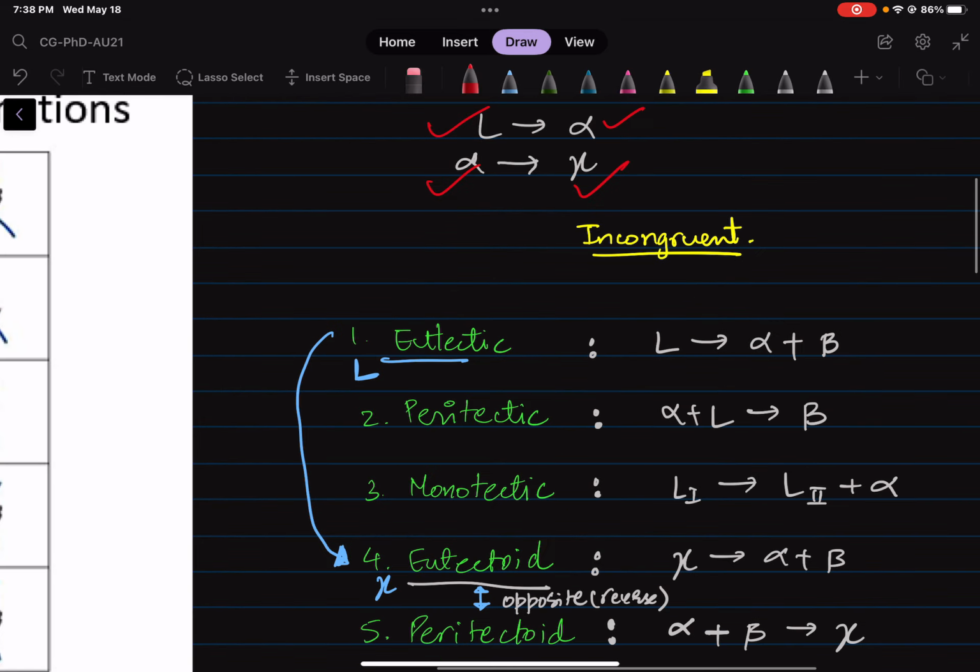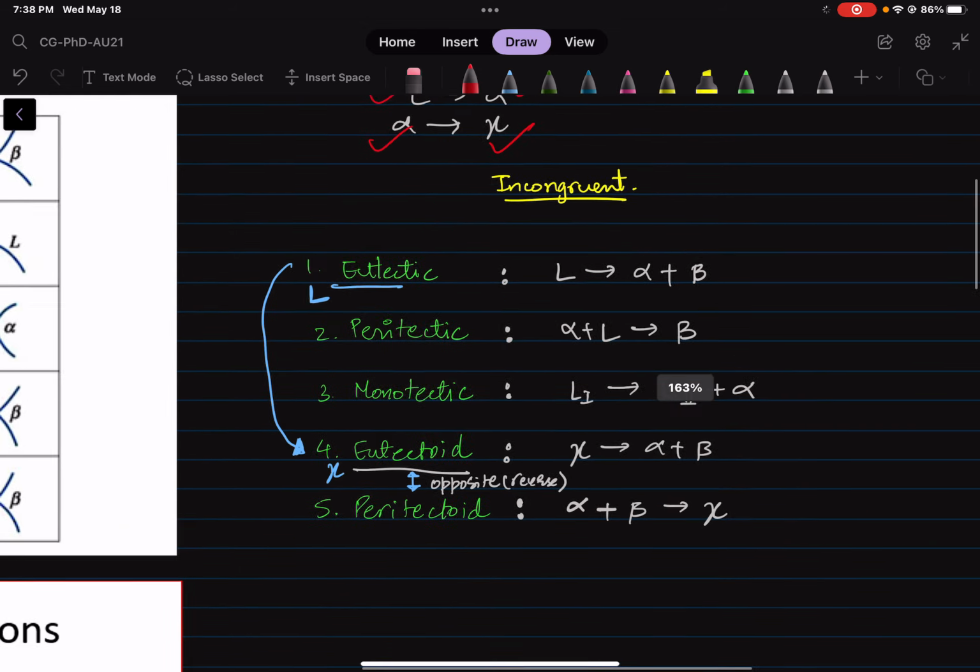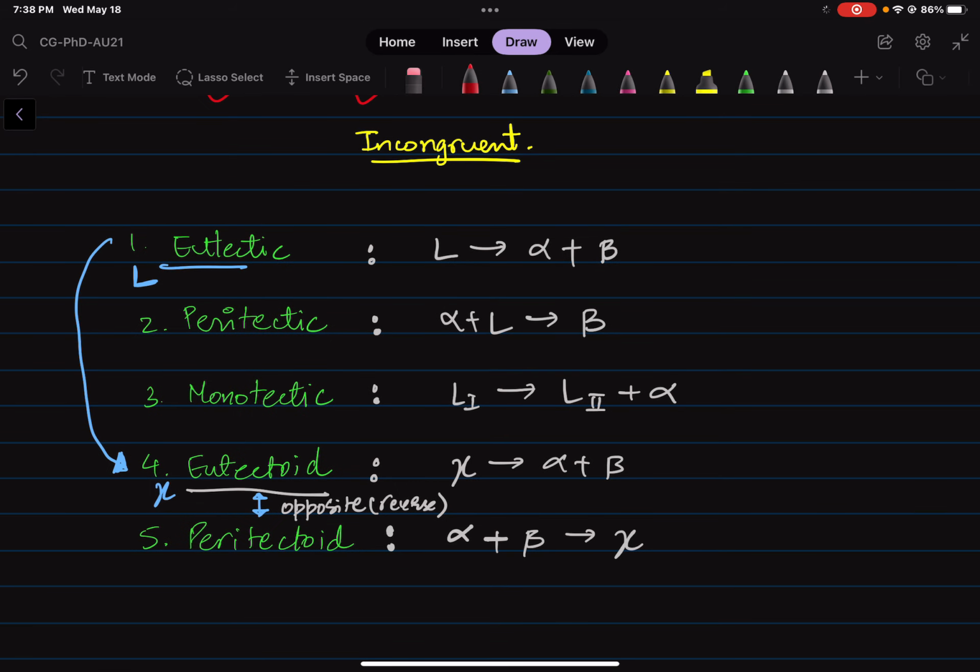For the incongruent reactions, you have a change in composition, and the five types of incongruent reactions that we care about are as follows. You have a eutectic, a peritectic, a monotectic, a eutectoid, and a peritectoid. In a eutectic, you have one liquid transforming to two solids, liquid transforming to alpha plus beta. In a peritectic, you have one solid and one liquid mixing up and becoming one beta, or one solid.